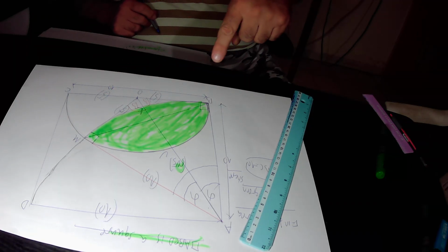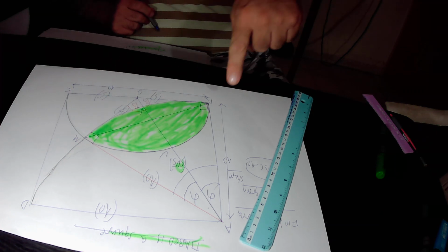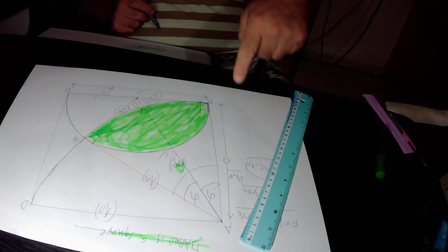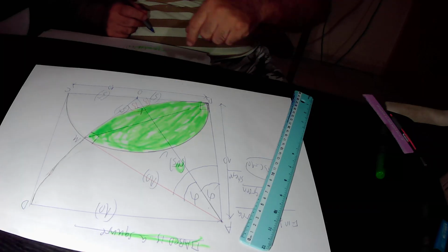In order to find out the area of the lower segment BLM, I'll copy this sector ABM. In an equation, we will analyze this sector ABM.